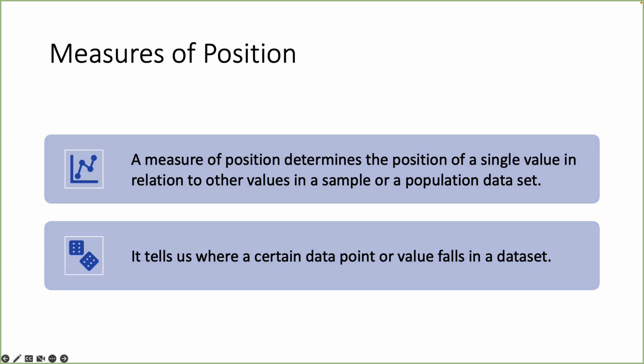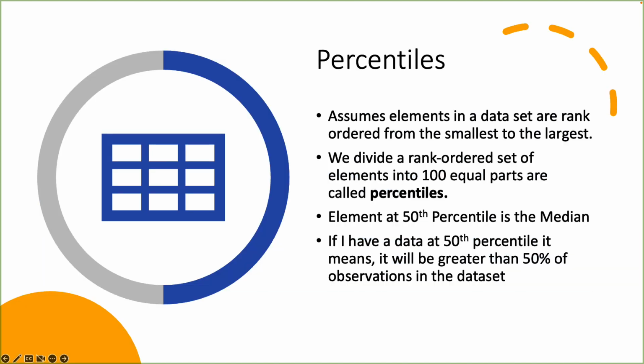Now, in order to express where exactly this data would stand, we basically use three measures of position. Let's start with percentile. In the scenario of percentile, we assume that the elements in my data set are rank ordered from smallest to largest. Once I have this ordered data, I divide this ranked set of elements into 100 equal parts and call it a percentile.